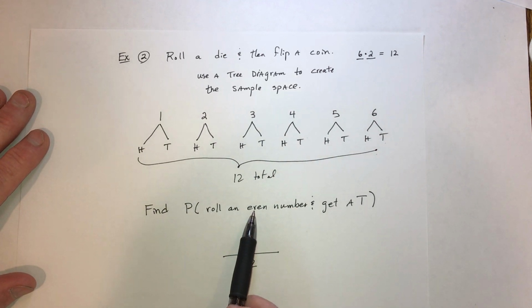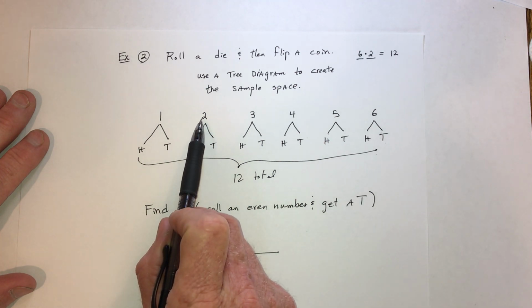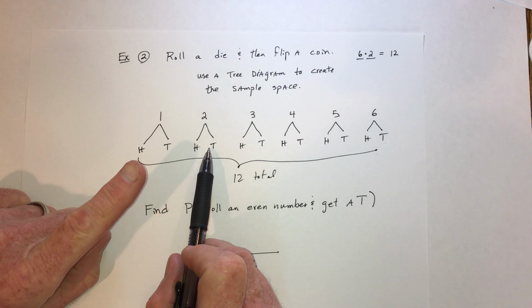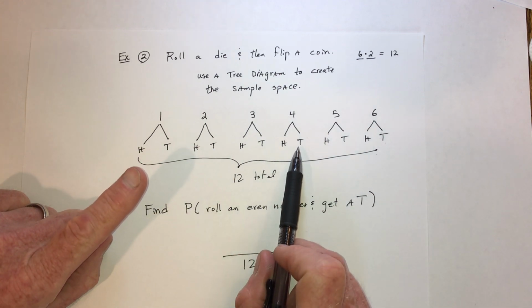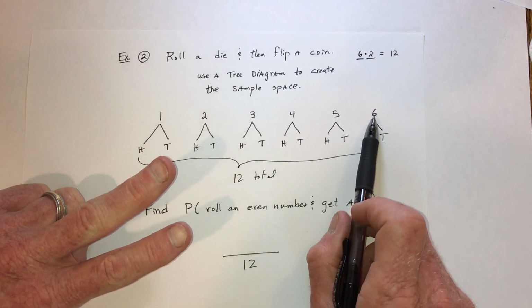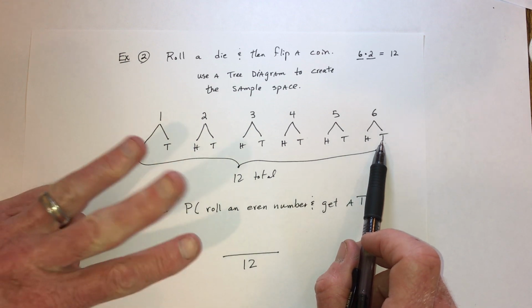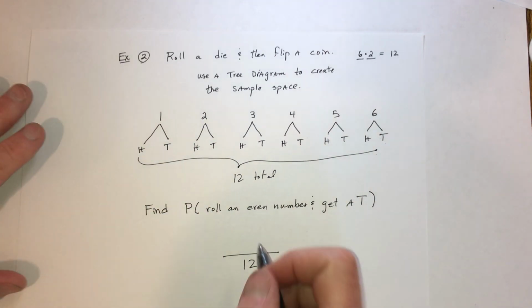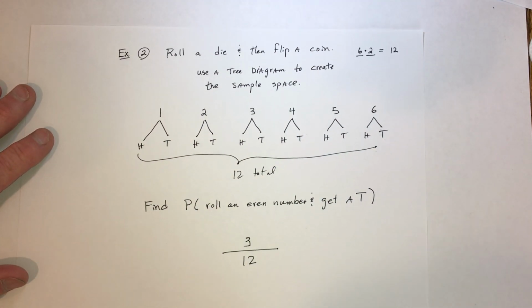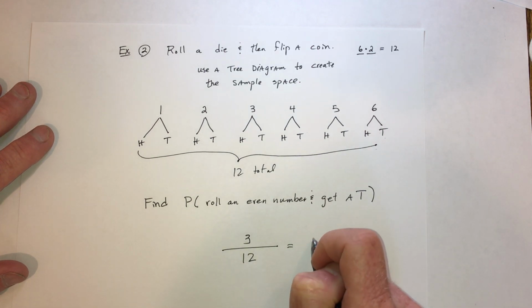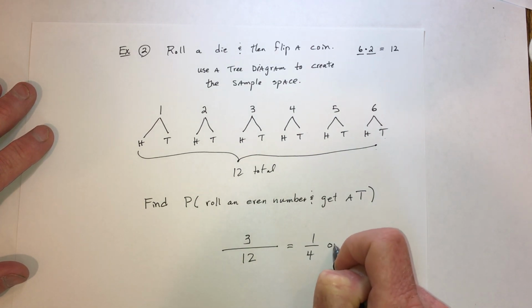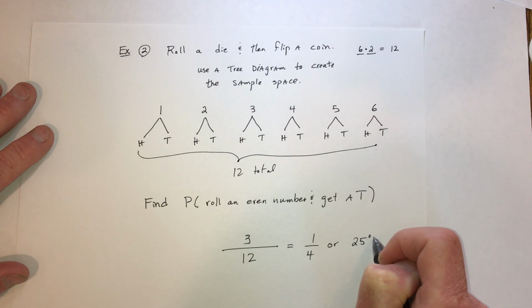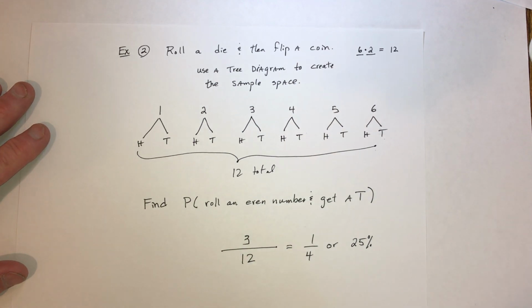And then how many have an even number and then a T? So an even number and then a T, that's 1. An even number and then a T, that's 2. An even number and then a T, that's 3. So there's 3 out of the 12. And if you reduce this fraction, that would be 1/4 or 25% of the possibilities.